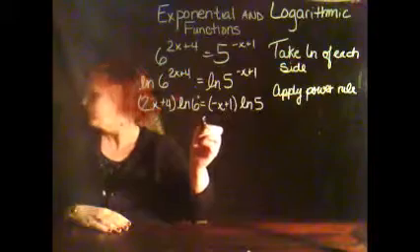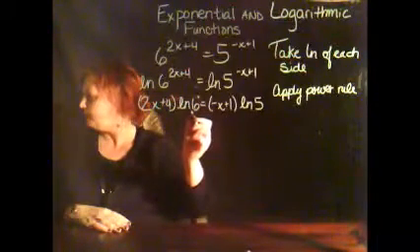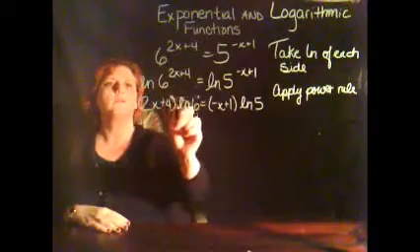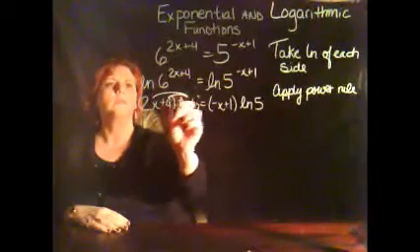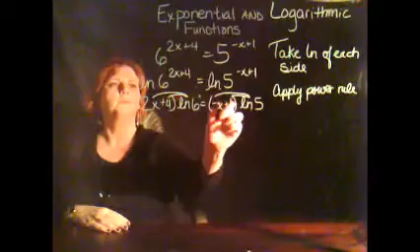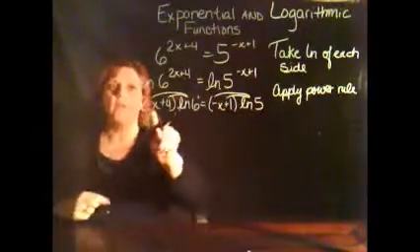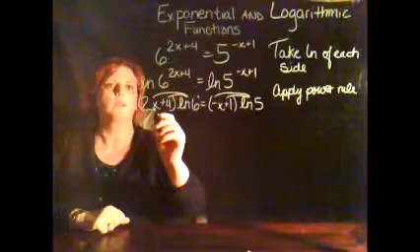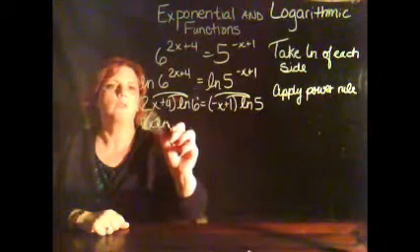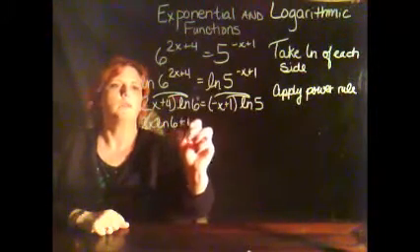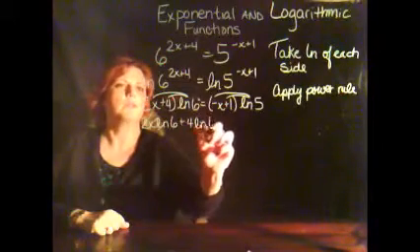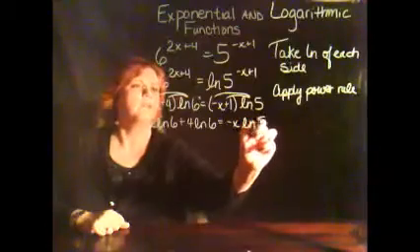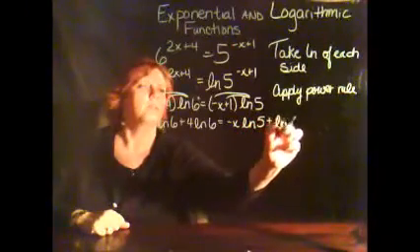So the first thing I'm going to do is distribute this and distribute this one, so I can get the x's away from the constants and separate everything else. So I'm going to have 2x natural log of 6 plus 4 natural log of 6 equals negative x natural log of 5 plus the natural log of 5.